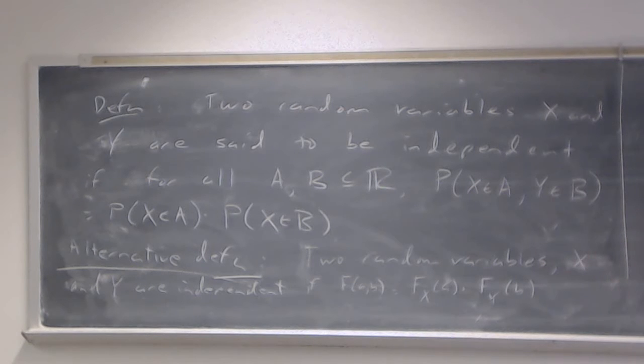Okay, the last thing we're going to do is prove a fact. It's an if and only if statement, so we're going to have to prove it in both directions.